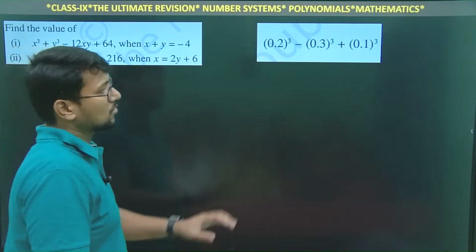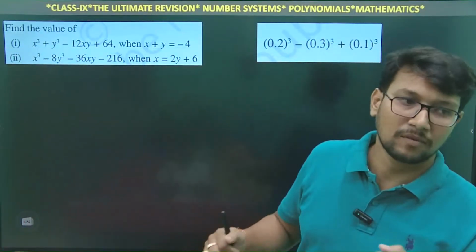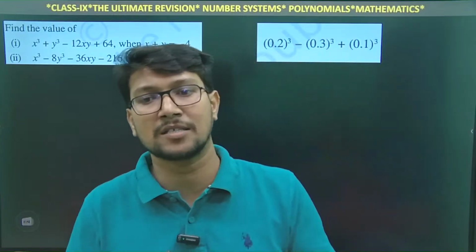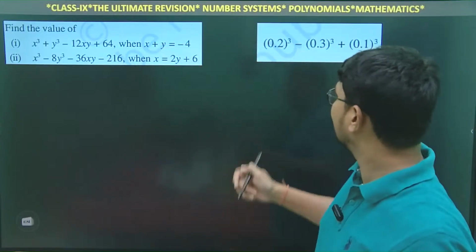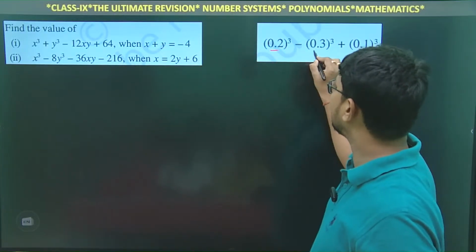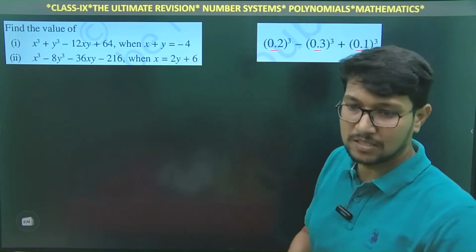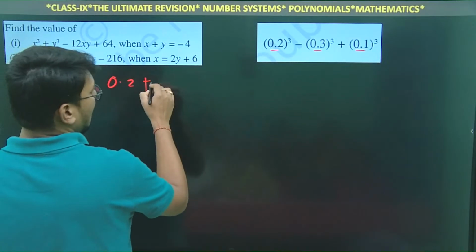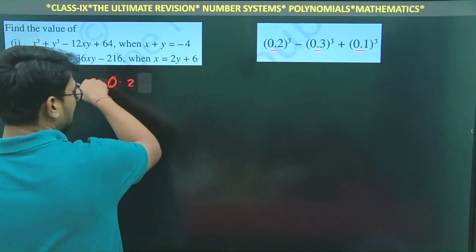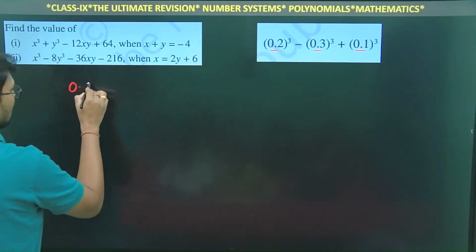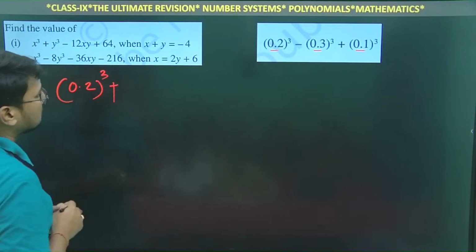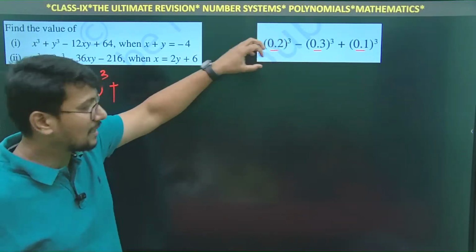Then after that we'll move on. So, the same identity, a square plus b square plus c square minus 3abc. Check, what is a plus b plus c here? It is 0.2 plus... You should write the question this way.